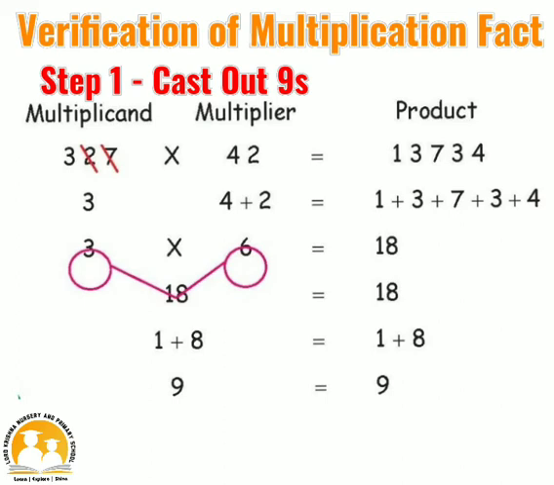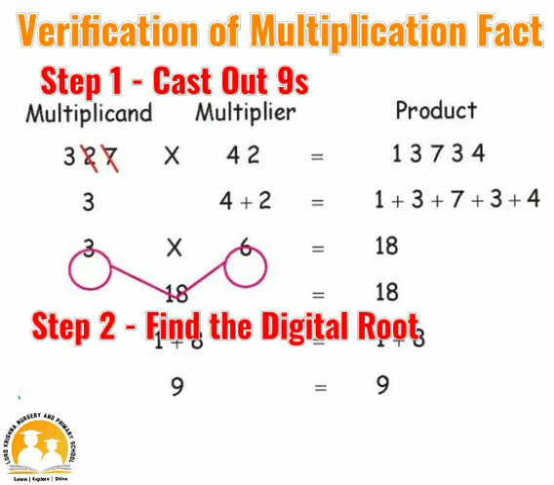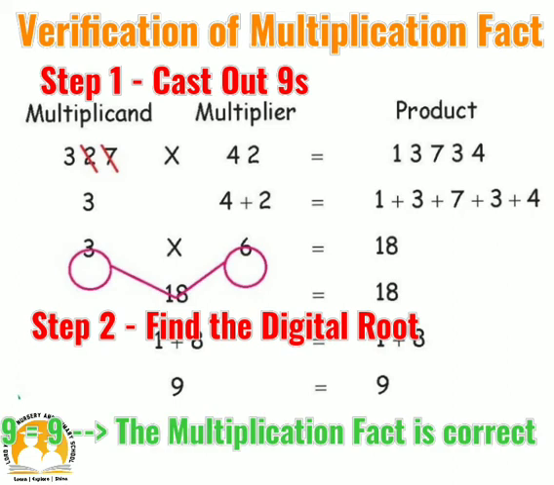Step 2 is to find the digital root of the multiplicand, multiplier and the product. So 3 into 6 is equal to 18. 18 is equal to 18. 1 plus 8 is equal to 1 plus 8, which gives 9 is equal to 9. So the given multiplication fact is correct.